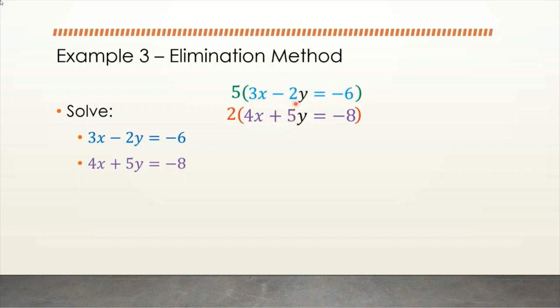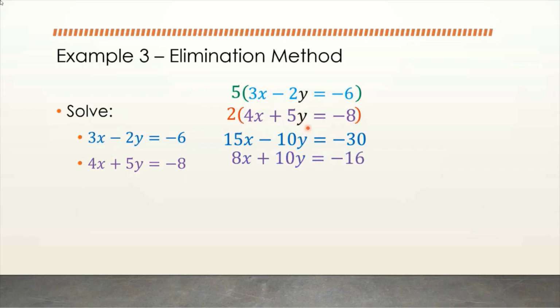Now when you multiply an equation by 5, you're multiplying everything by 5. So that would be 15x minus 10y equals negative 30. You're doing the same thing with the other equation. You multiply everything by 2, including the negative 8.